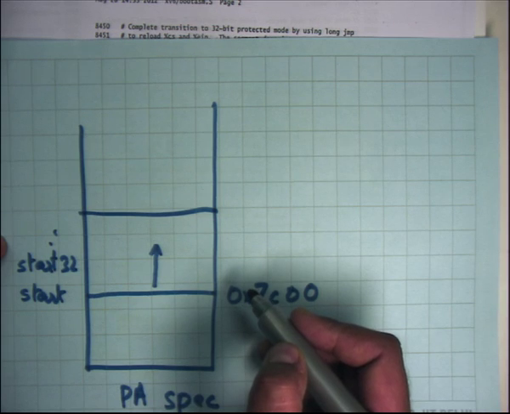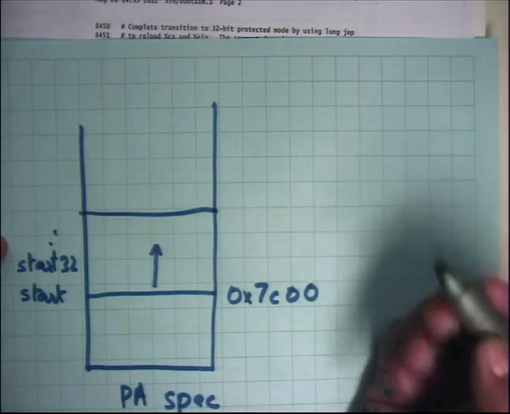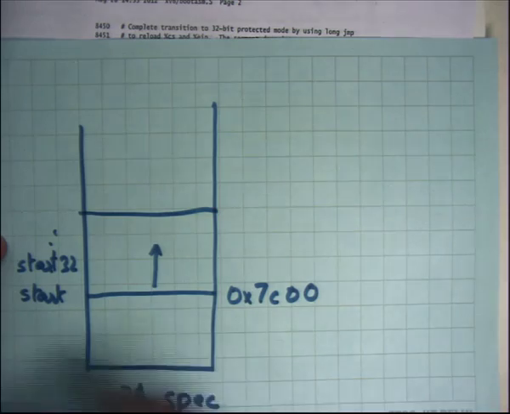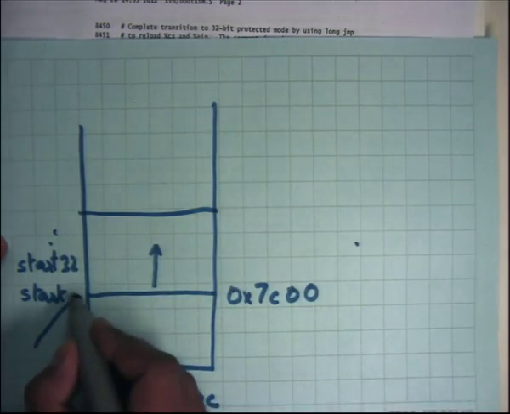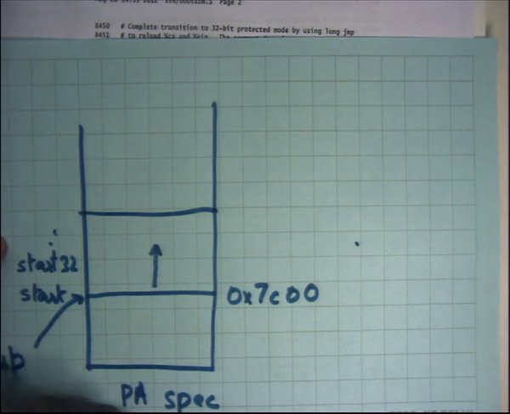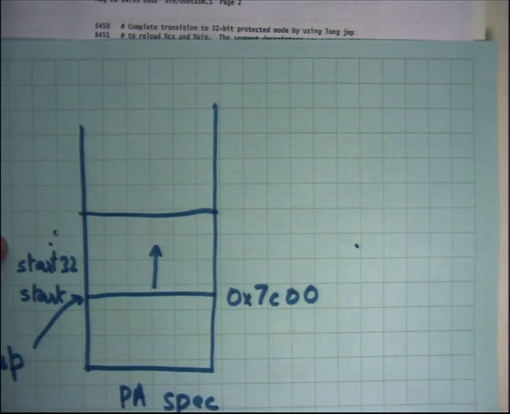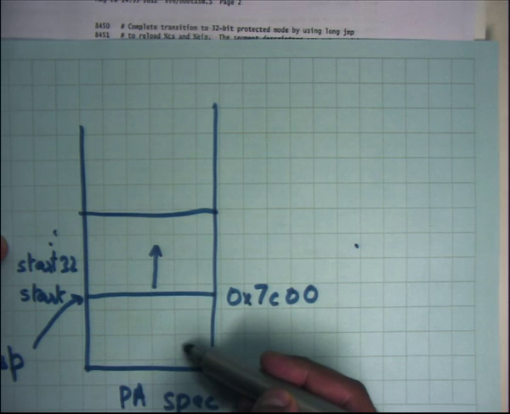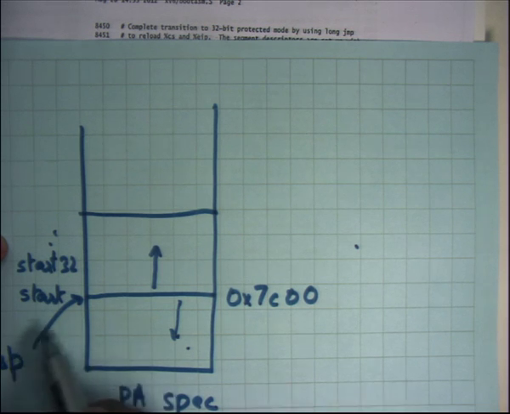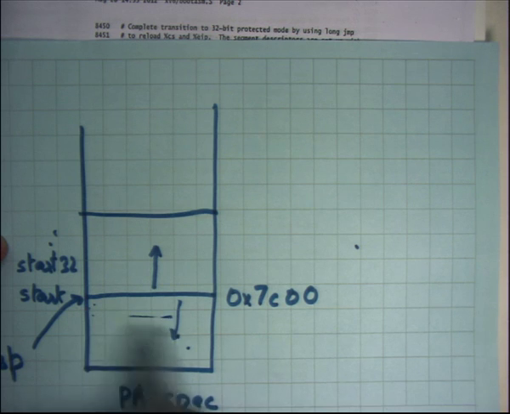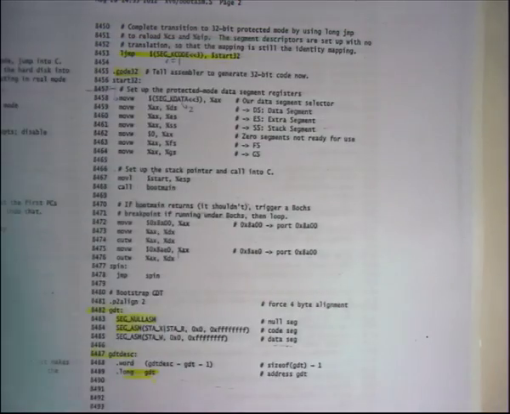All this is living in this area, and what I did right now was I set my ESP register to point to this location. And recall that the ESP grows downwards, so all this area here can be used as a stack now. So when I make a function call, the stack frame is going to get pushed somewhere here in the lower area. So that's what I am doing here.